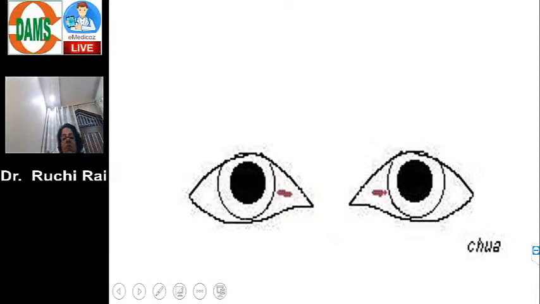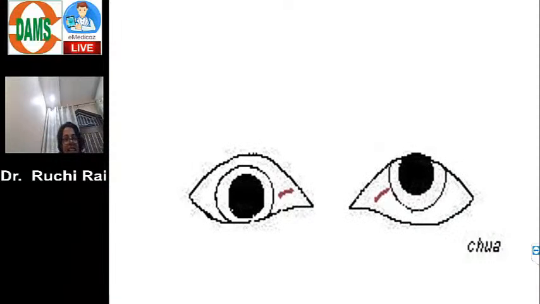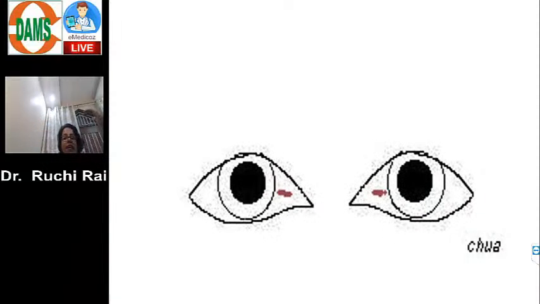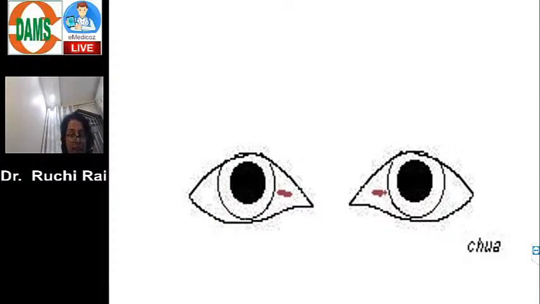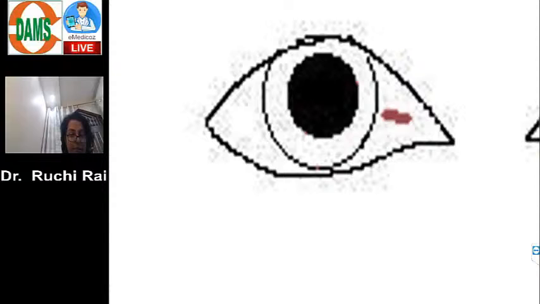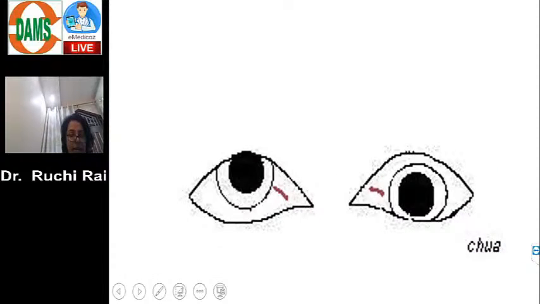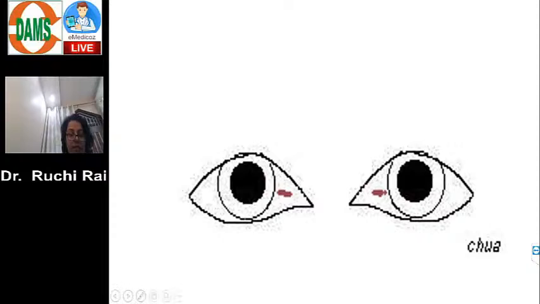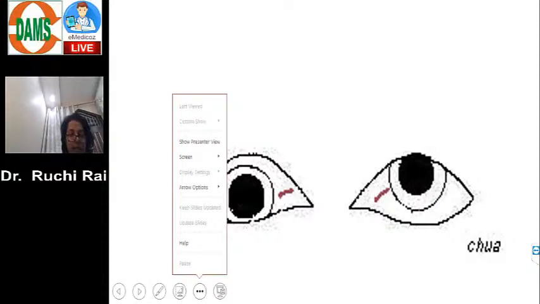So what is this? Any involuntary eye movement is nystagmus. Correct? So this is your seesaw nystagmus. We call it seesaw. It is generally a feature of bitemporal hemianopias. That means I'm talking about chiasmal lesions.